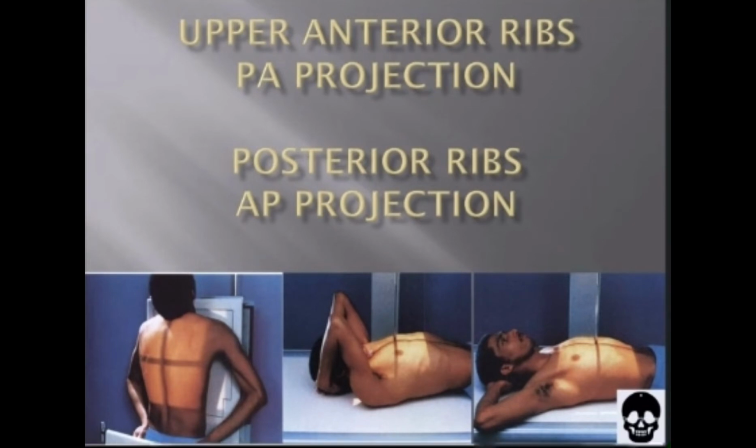And the posterior ribs are more commonly radiographed with the patient facing the X-ray tube in the same manner as for an AP projection.